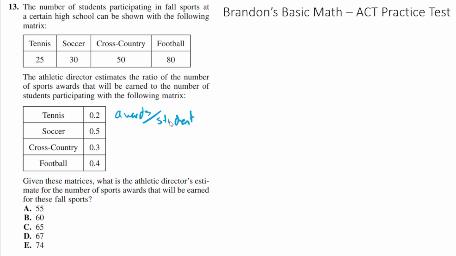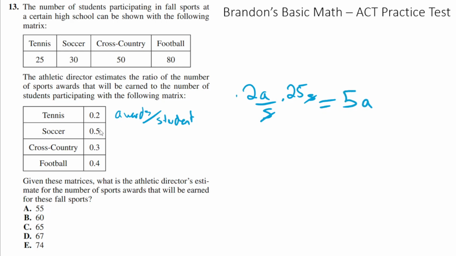So all we need to do is multiply these ratios times the number of students participating in each sport to get the number of awards. And this is just a little dimensional analysis. If you're doing 0.2 awards per student times 25 students, the students would cancel out and you would get 5 awards for tennis.